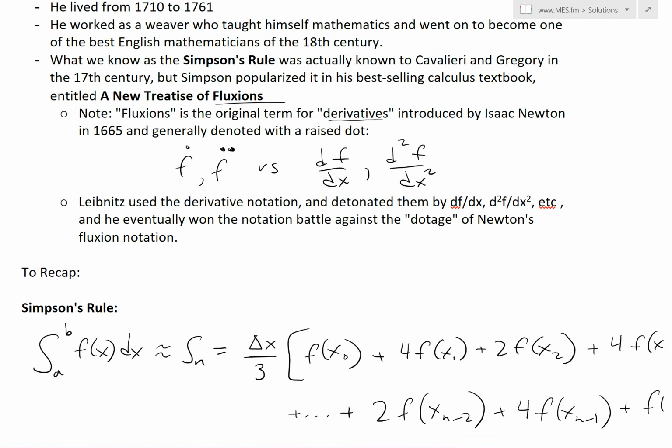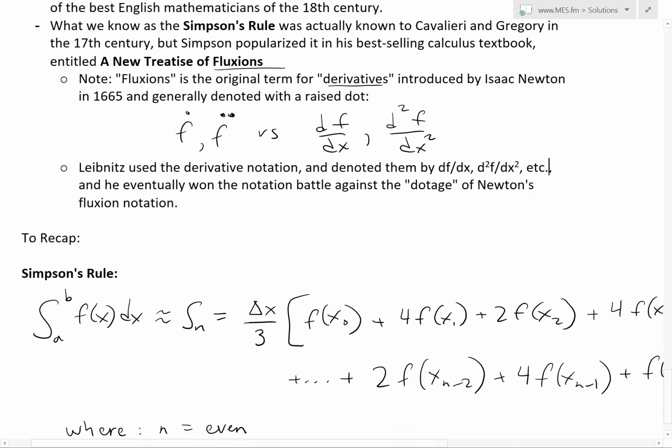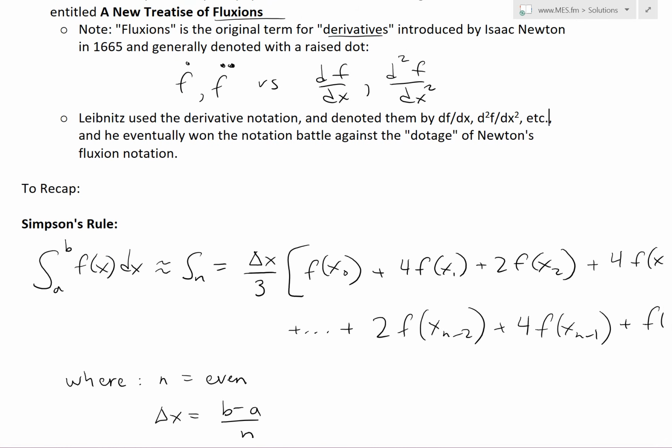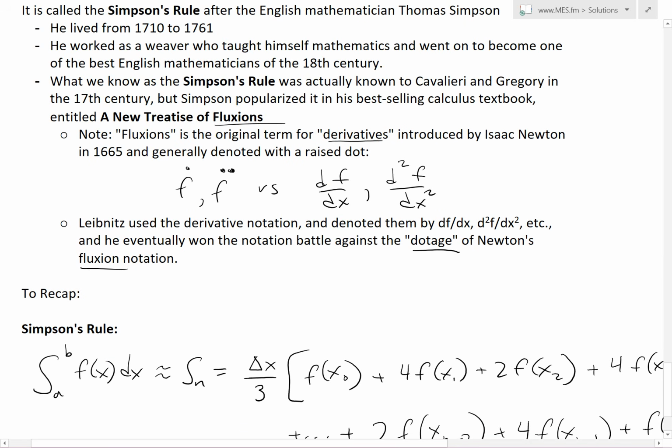And Leibniz, I think that's how you pronounce it, another mathematician, used a derivative notation and denoted them by df dx or d squared f dx squared, exactly as I've written above here. He eventually won the notation battle against the dot notation, the dots above the f right there, of Newton's fluxion notation. So that's just a pretty interesting history lesson for you.